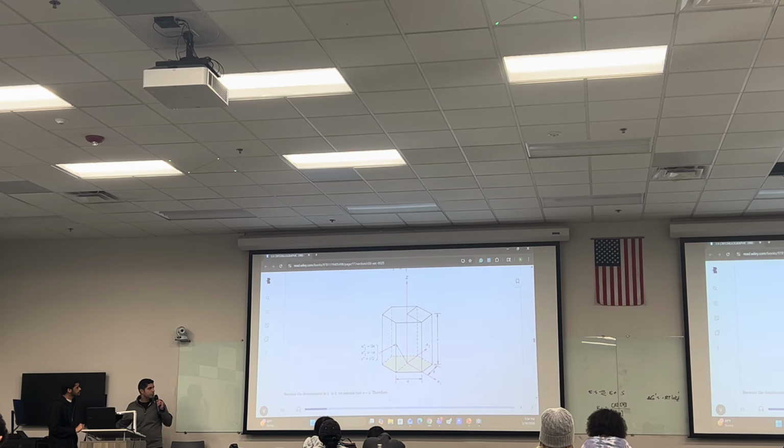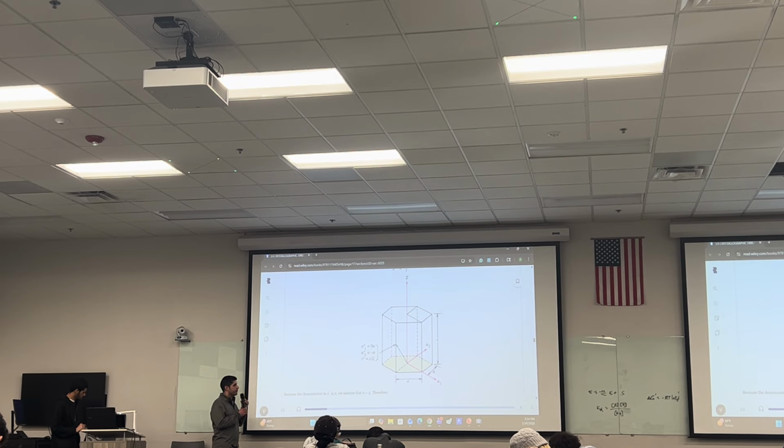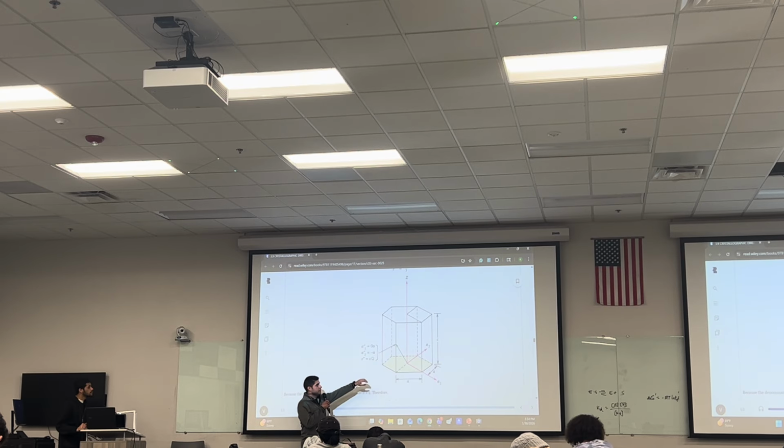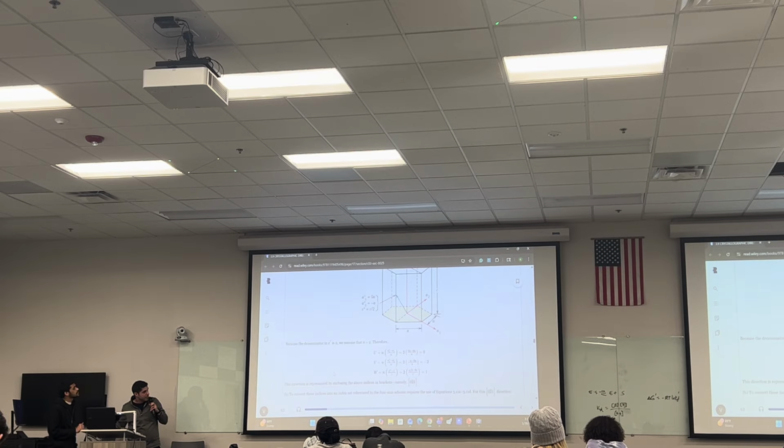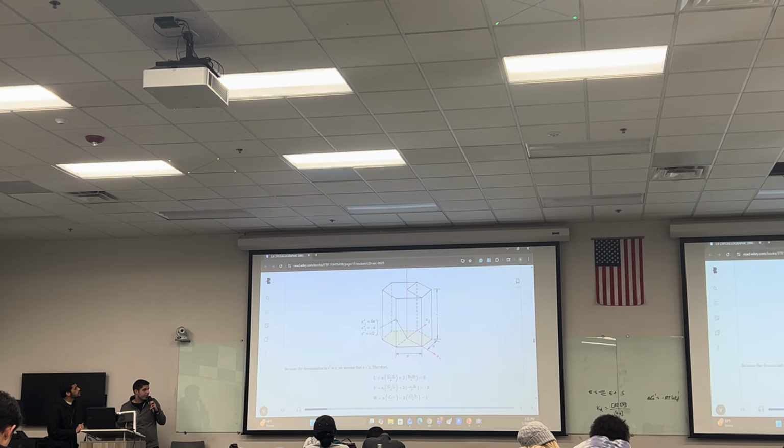So yeah, it's a similar question. It's asking for the indices for this direction in the hexagonal structure. First you have to find U and V and W. U is related to this A1 axis, V is related to A2, and W is related to the Z axis.